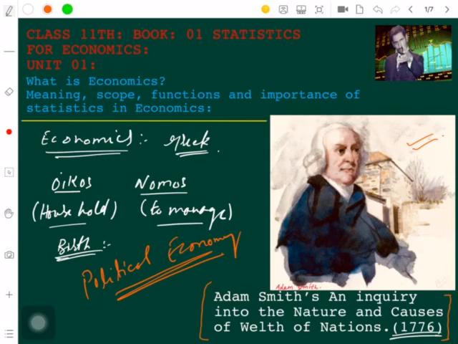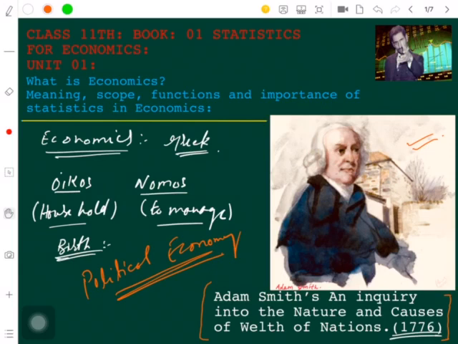Before we proceed with all these things, Adam Smith, being considered the father of economics, with his thoughts, in a way paved the way for further studies. And before we go into the definitions of economics, we will understand a few important terms.